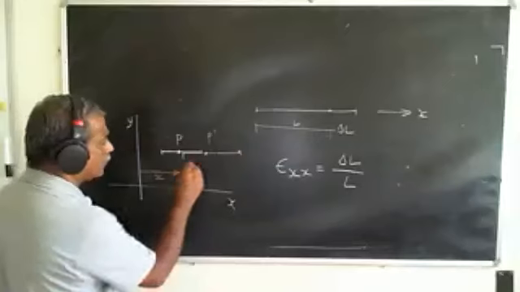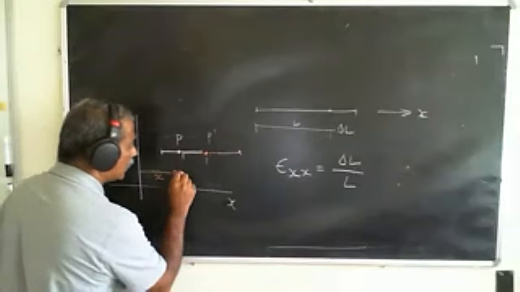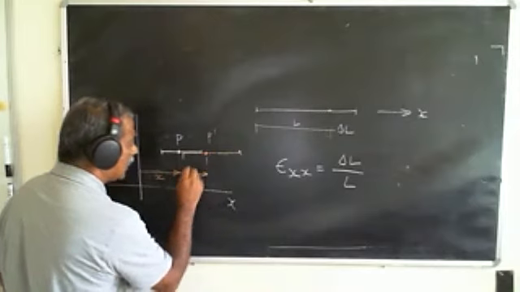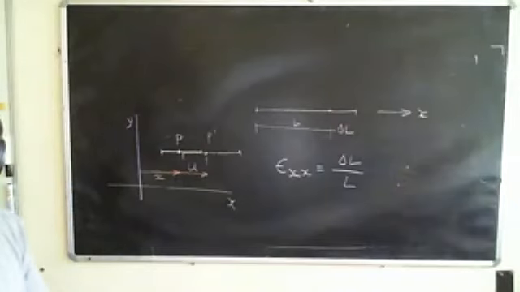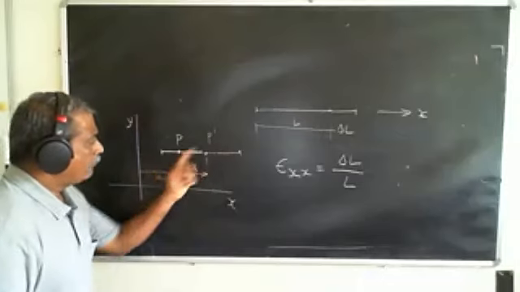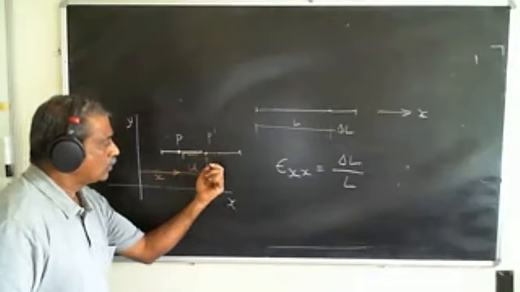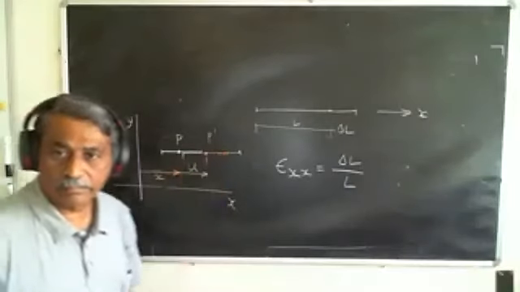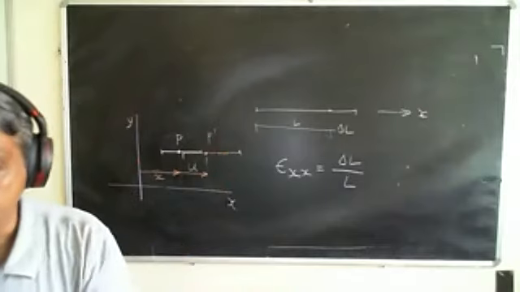What has happened? It has moved to a position over here, and therefore I'll call this a displacement U. Now, after it has moved here, there is also an extension that has happened. There is a movement. There is also an extension.